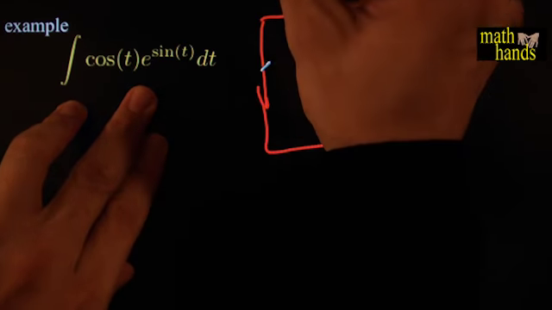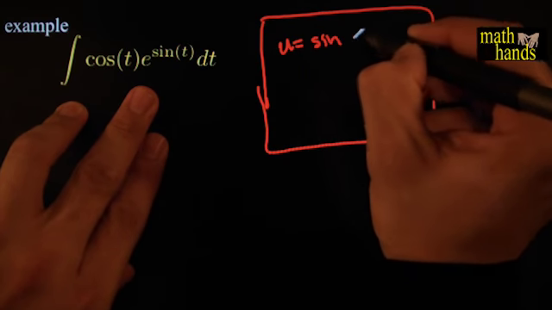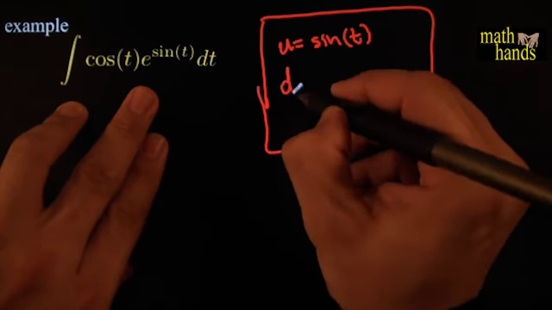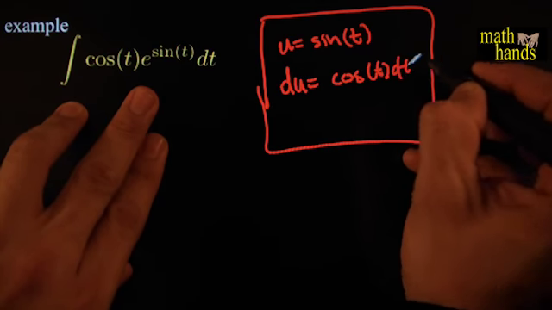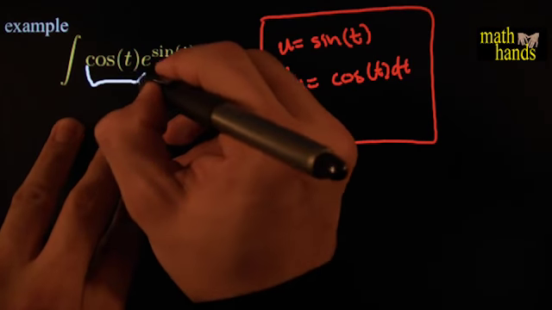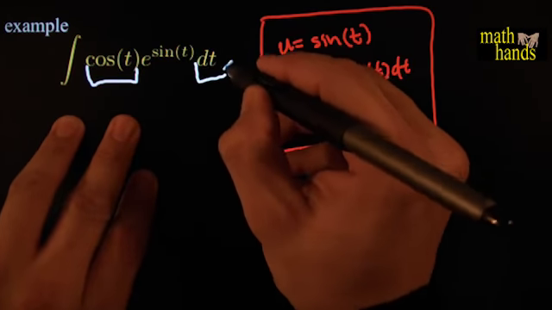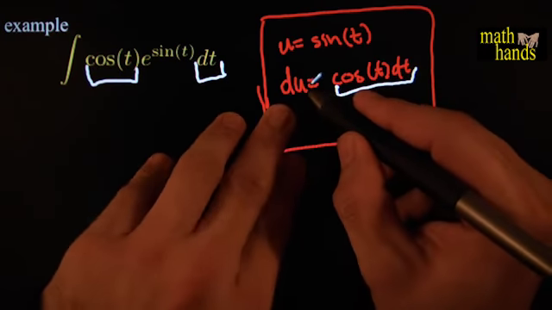I would make my u equal to sine t. If that's the case, then du would be equal to cosine t dt. And you look at that and you think, well, isn't that convenient that I have a cosine t dt there, which is exactly the right exchange rate for du.